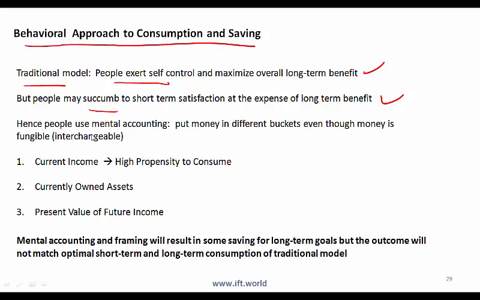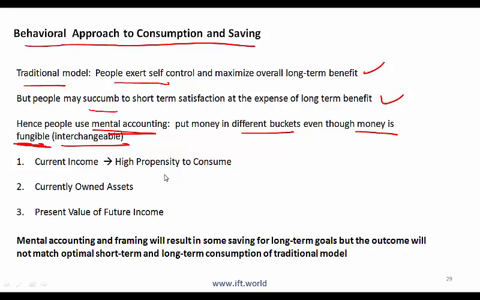Okay, so what is proposed is this concept of mental accounting. All right, where essentially this is one way of framing, where the money that you have, you put in different buckets, even though money is, and here is a new vocabulary word, fungible. Fungible means, I don't know who came up with this word, but it's a word that means money is interchangeable.